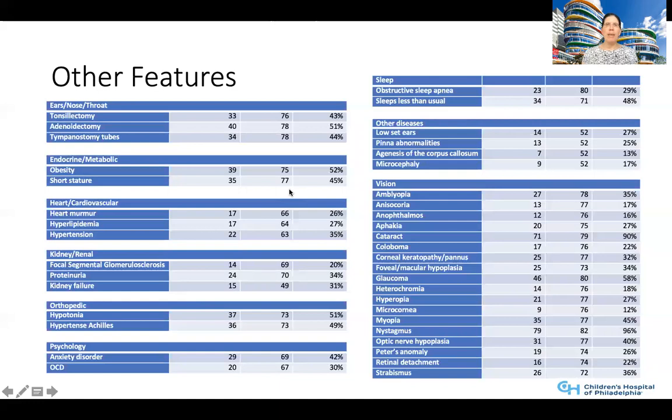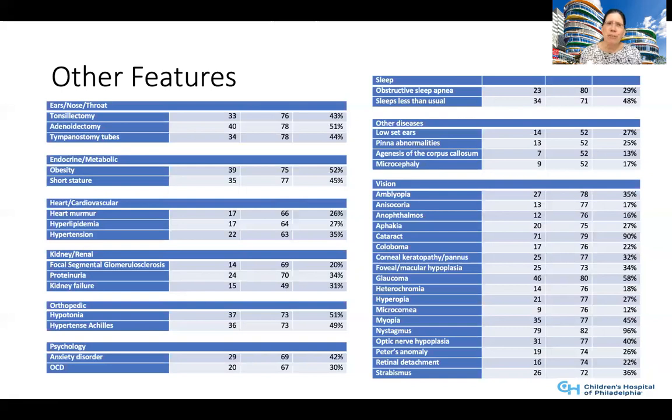Other features, looking more in depth, were broken into several categories. So we have the ear, nose, and throat category, based on patients having sleep apnea or other issues that require tonsillectomies or adenectomies or ear tubes being placed. There were also about 50% of patients that had obesity and short stature.